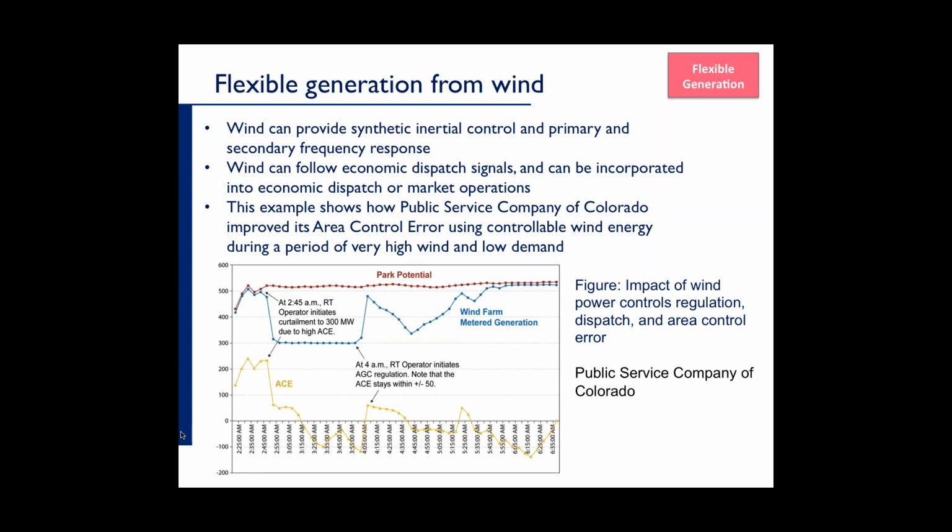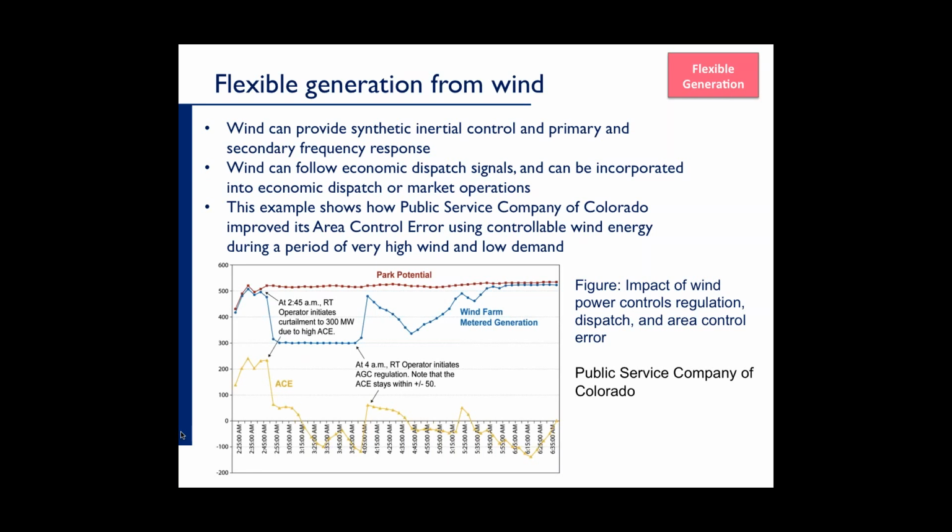And so the next step was to put the wind on what we call automatic generation control. This is the same feature that we use to regulate the power system with other units. So at 4 o'clock, the wind is put on AGC, and you can see that after 4 o'clock, the wind moves around a little bit.